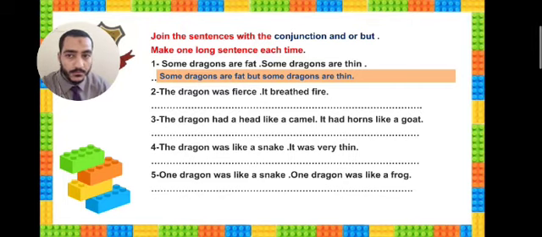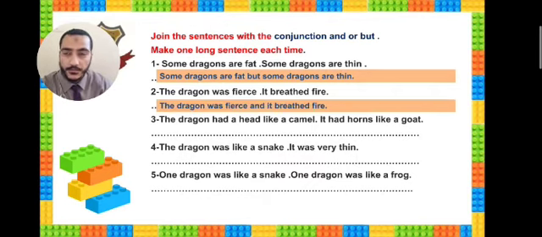So, and breathing fire, yes, they are a little bit similar to each other, right? So, we join these two sentences with and. Very good. The dragon was fierce and it breathed fire.